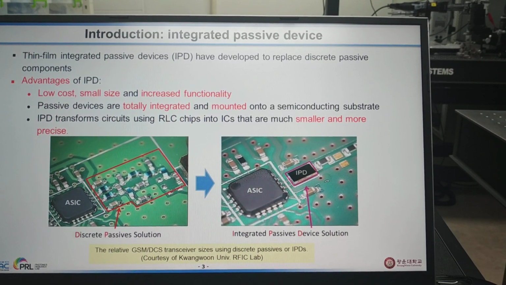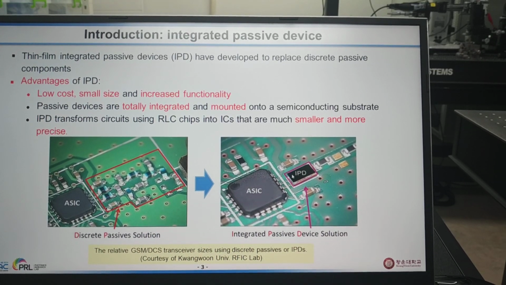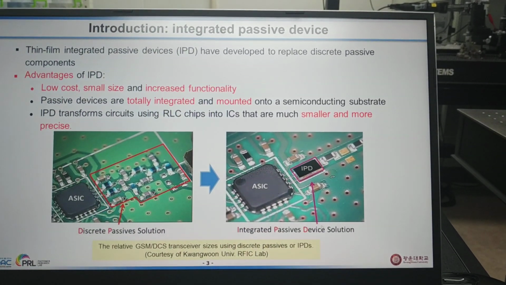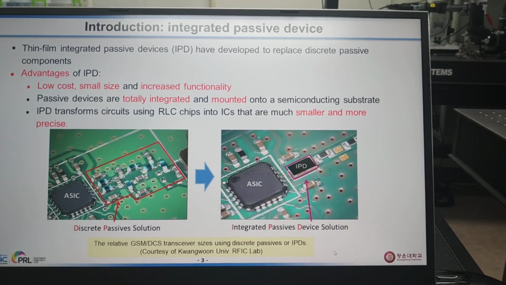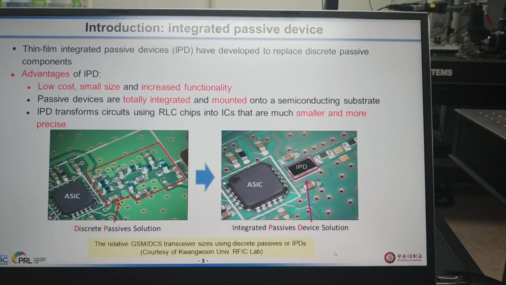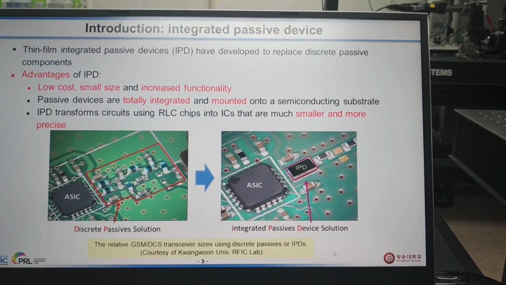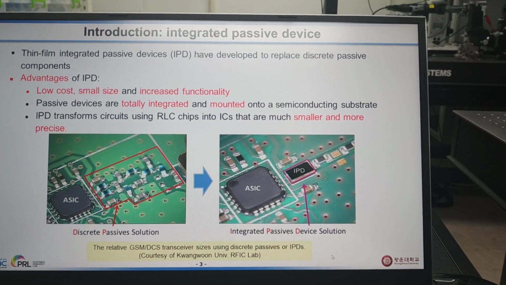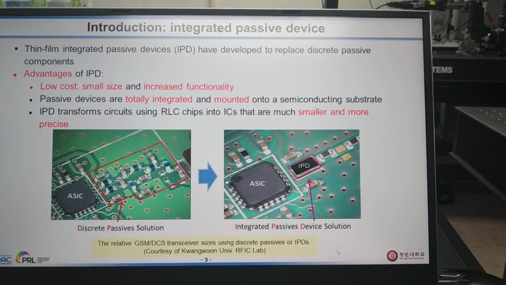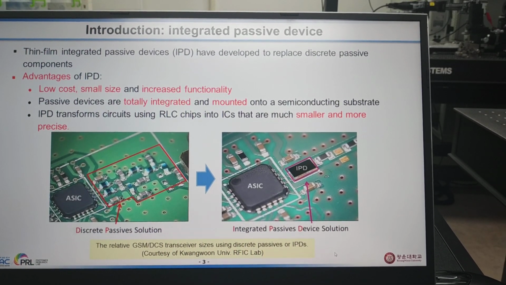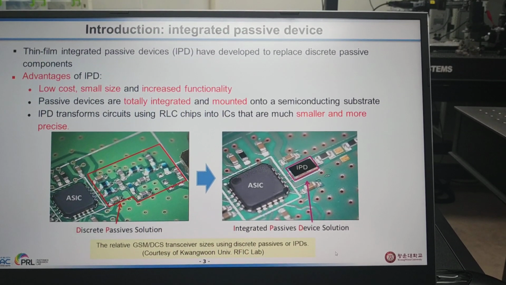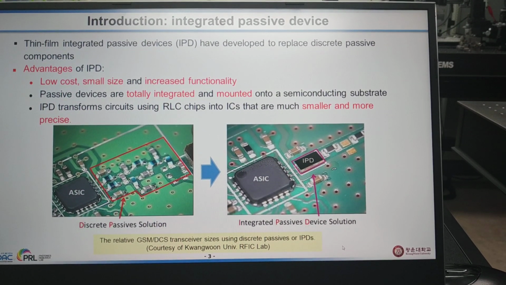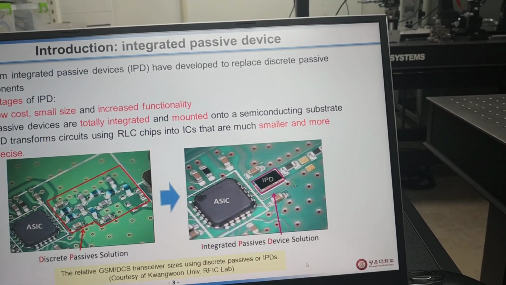So we can see the IPD case has a smaller size compared with the discrete passive case. So that's why the IPD has an important place in the integrated circuit field.